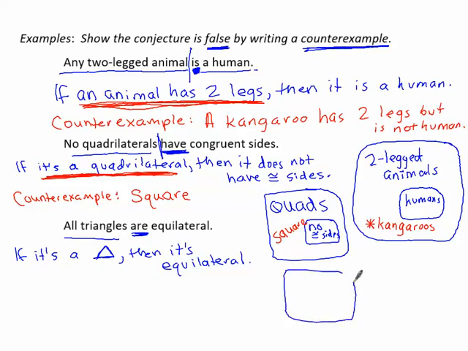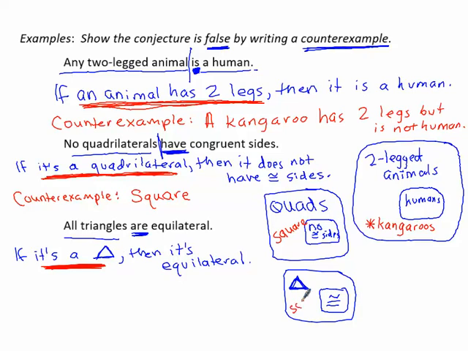Maybe we make a Venn diagram. We've got a group of triangles. These are all the triangles. Inside the group, we've got a type of triangle where all the sides are equal. I'm going to put congruent in there because equal sides means congruent sides. Can we think of a type of triangle that has to be a triangle, but is not equilateral?